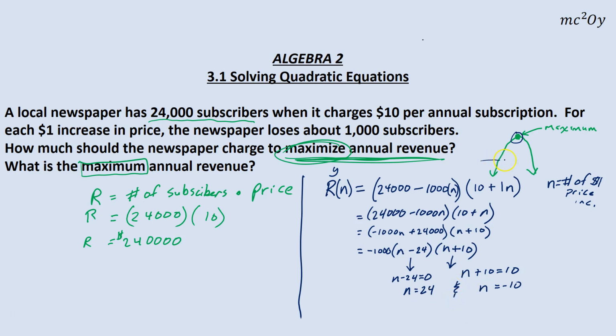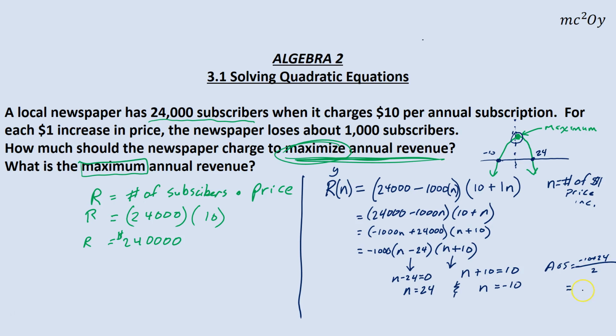If I were to continue this picture here, I would have one of my solutions at negative 10 and the other one at 24. Which means my vertex is on the axis of symmetry, and that lies directly in between these reflections of each other. So the axis of symmetry is equal to negative 10 plus 24, the average of those two points, divided by 2.